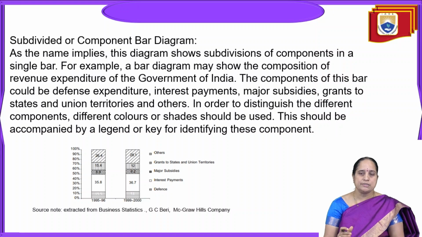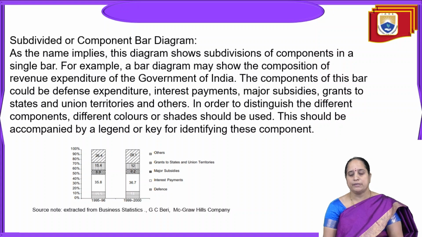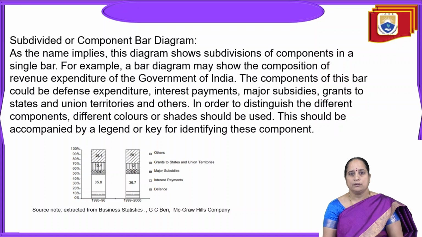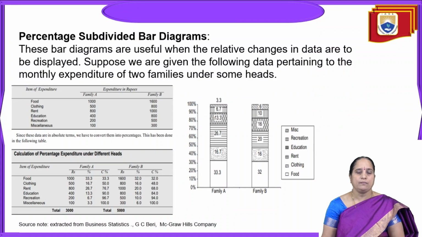In order to distinguish the different components, different colors or shades should be used. This should be accompanied by a legend or key for identifying these components. That's how we can show differences in terms of different components which we mention in one single bar diagram.